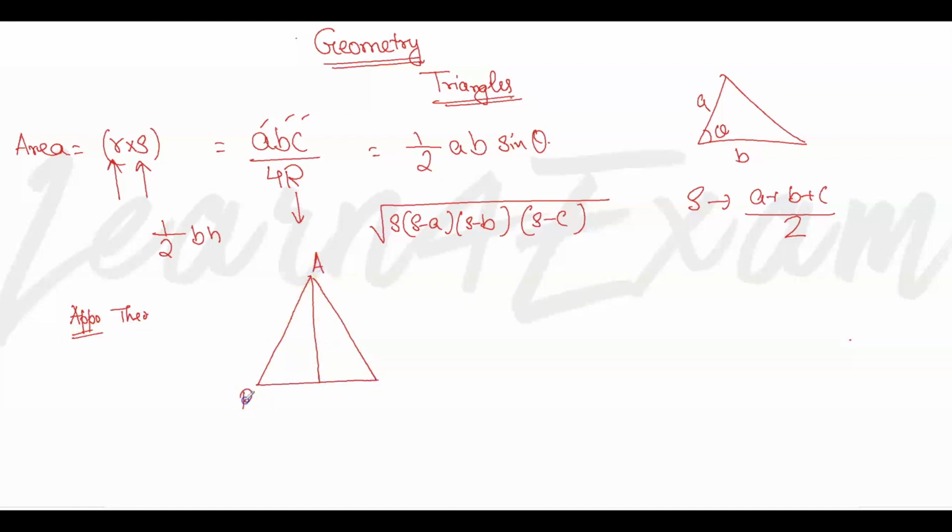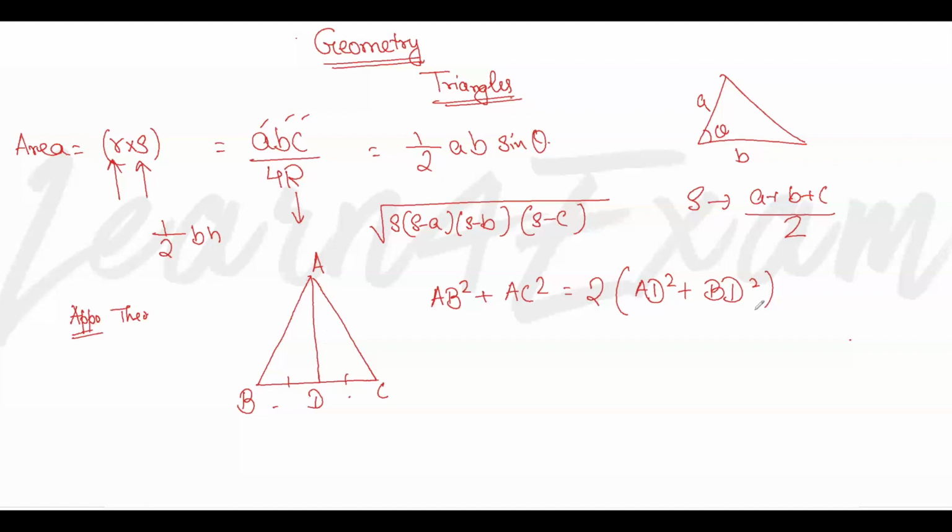So if I have a triangle, let's say ABC, where AD is the median cutting BC into two equal parts, then I can write that AB squared plus AC squared is nothing but twice of AD square plus BD square. This is the formula for Apollonius theorem. I want you to keep this in mind.